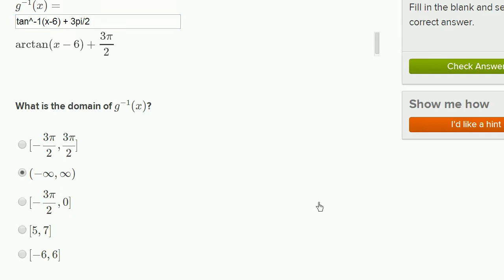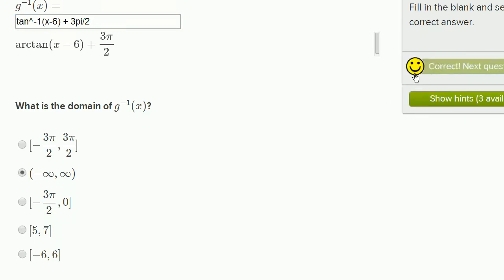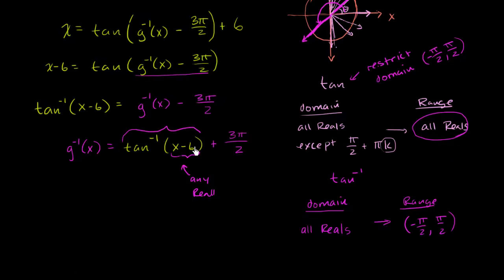But actually, just for fun, and let's just verify that we got the question right, and we did. But just for fun, I am curious. Let's just think about what the range of G inverse is. So the range of this thing right over here is going to be between negative pi over 2 to pi over 2. That's for this part right over here. And then we're going to add 3 pi over 2 to it.